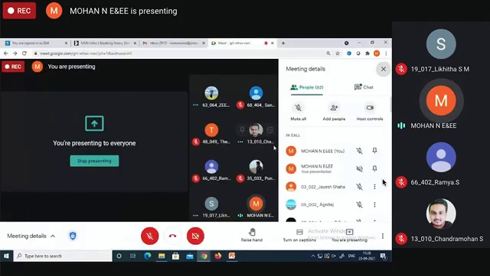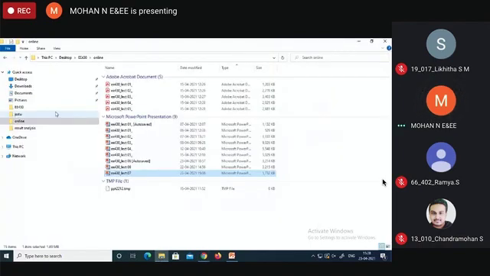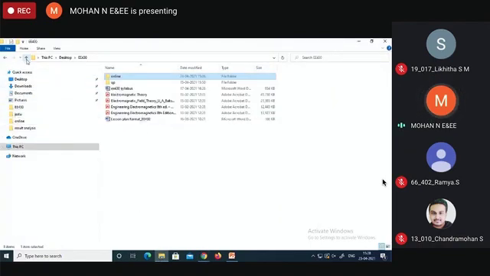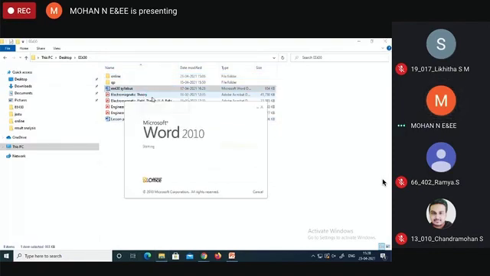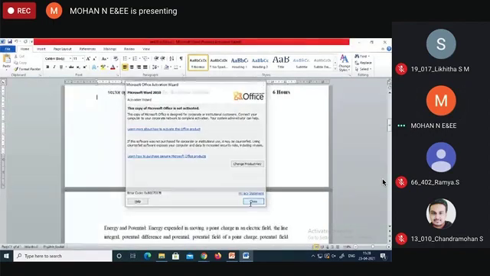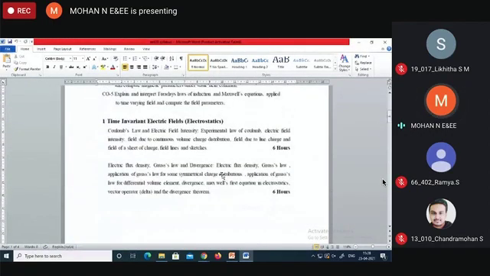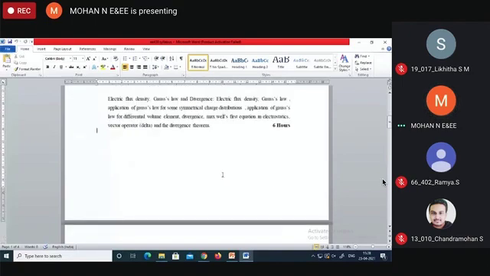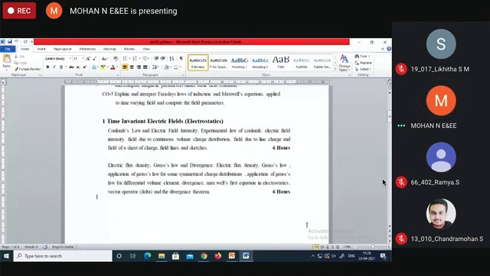This completes the Gauss theorem, that is Gauss divergence theorem, and electric flux density is over. Just verify the syllabus being covered here.